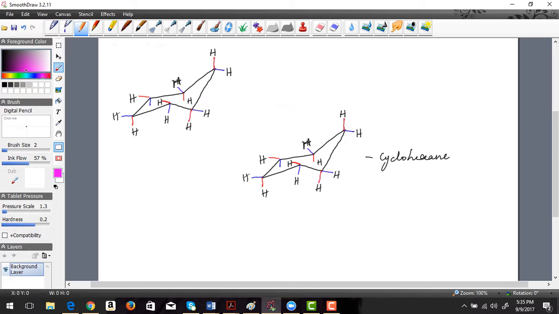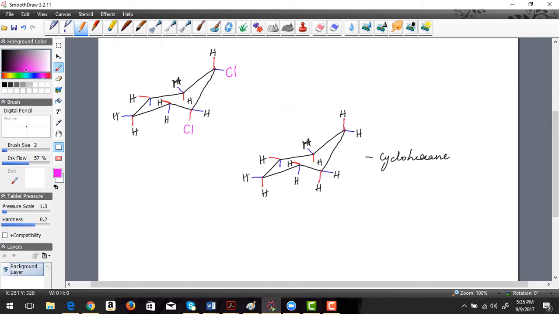Let me get my eraser and say I get rid of one of the hydrogens, and then I put my Cl. Then say I get rid of this hydrogen as well, and I replace that with a Cl as well.